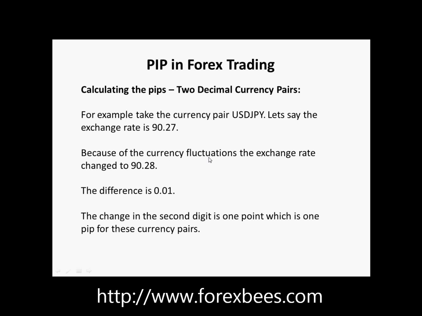Because of the currency fluctuations, let's say the exchange rate changed to 90.28. Here the difference is 0.01. That means the 2nd digit after the decimal point changed from 7 to 8. So the difference is 0.01. The change in the 2nd digit is 1 point, which is 1 pip for these currency pairs.